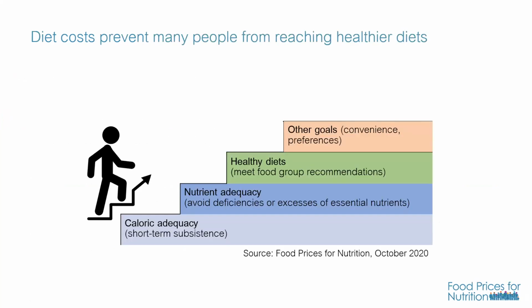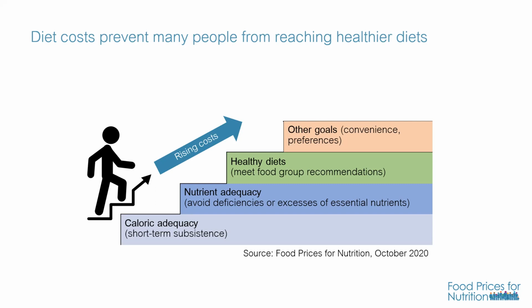So our main point is that diet costs still prevent many people from achieving healthier diets. As people attempt to go from just meeting their basic calorie needs, to meeting their nutrient needs, to meeting the needs of a healthy diet, we see rising costs as they try to achieve these different levels of diets.